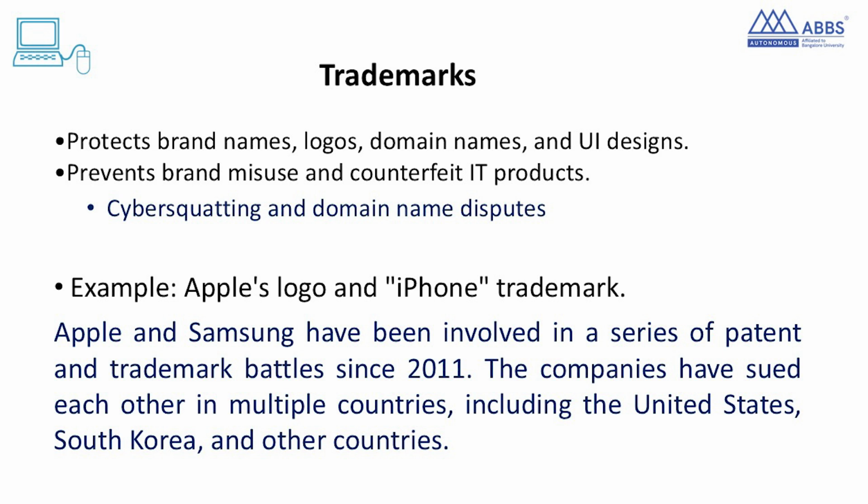So, another best example of this trademark war is between Apple and Samsung. The snippet clearly shows us the trademark battle between the big giants Apple and Samsung. Apple and Samsung have been involved in a series of patent and trademark battles since 2011.